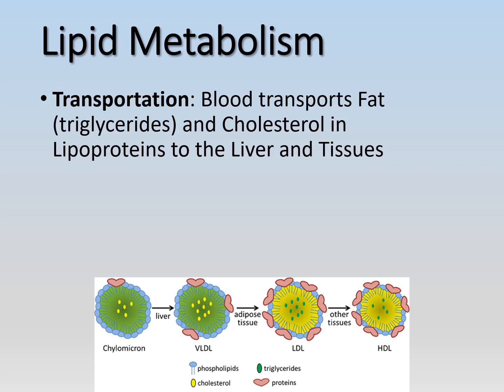So we talked about the lipoproteins and our different LDL versus HDL. And now we talked a little bit about the chylomicron transporting it into the lymphatic system to get into the bloodstream.